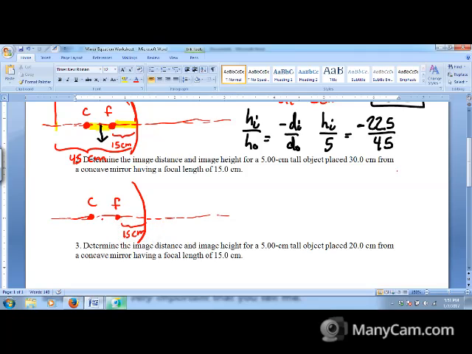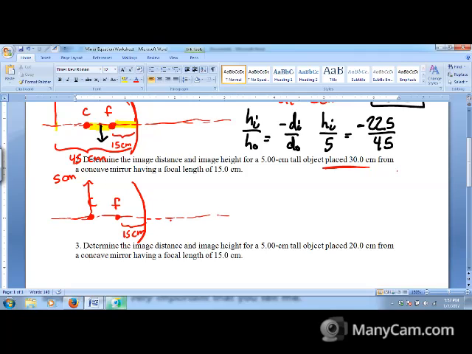That's 15 centimeters, and this is 15 centimeters, and 15 plus 15 is 30. The object is placed 30 centimeters from the concave mirror, which means the object is right on the center of curvature. And it's still 5 centimeters.